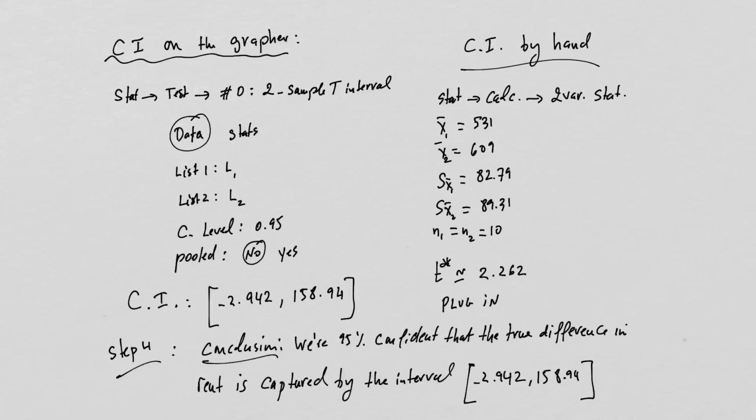Okay, the other approach, and it is really a good exercise to go through it to see if you are right and to understand what's going on. You go to stats, calc, 2 var stats, because we're dealing with 2 columns. You pick the two X bars and the two standard deviations, and N1 and N2.